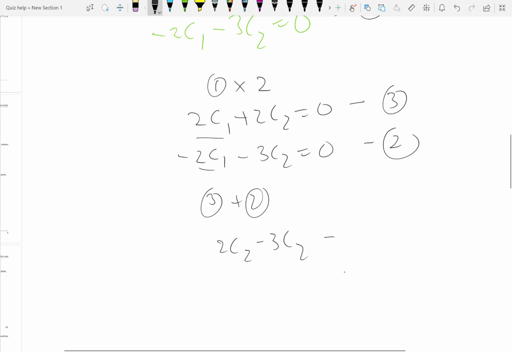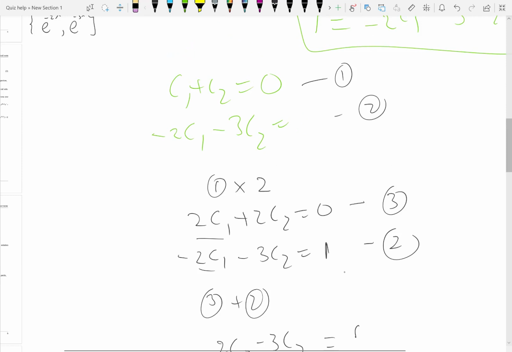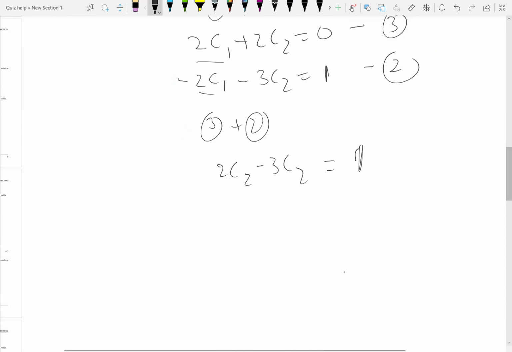Oh, here this should be 1, right? Yes, I copied that condition wrong. So it's 1. So 2 minus 3 is negative 1. Negative c2 is 1, so c2 is negative 1.